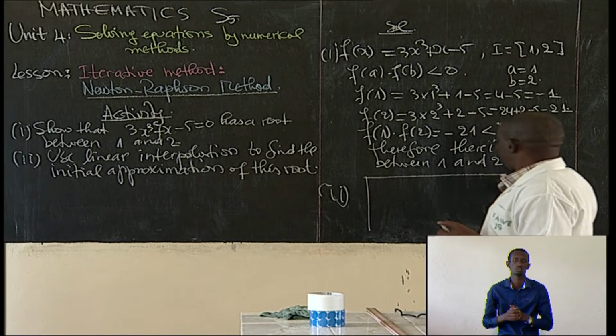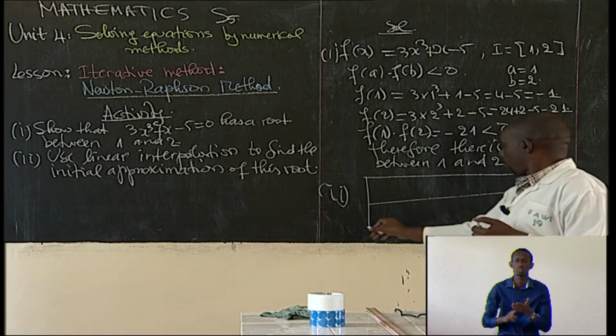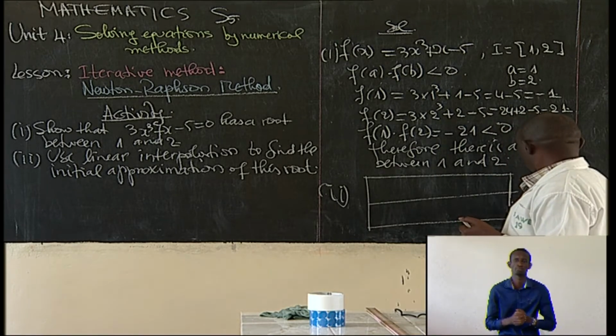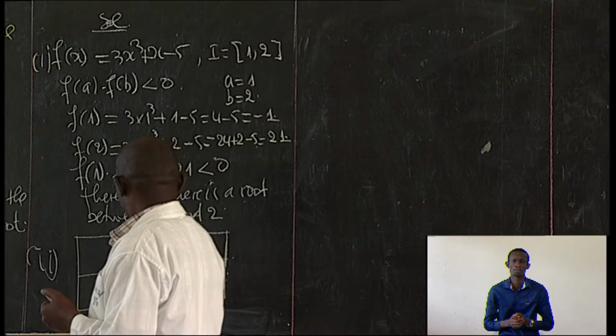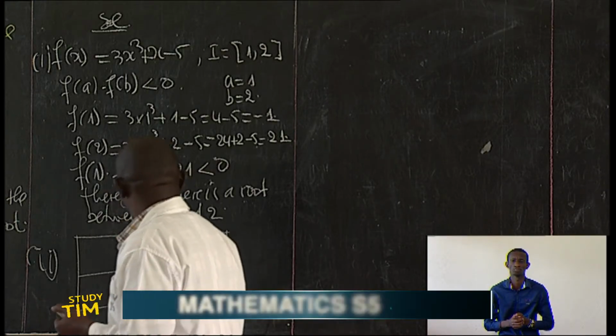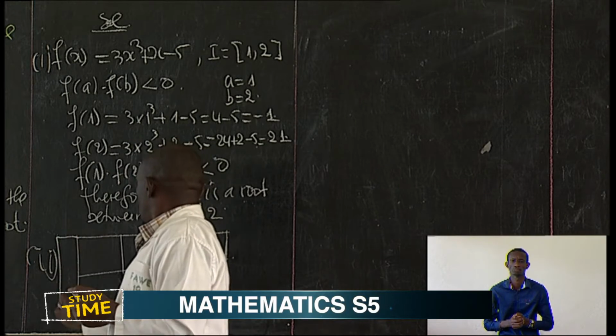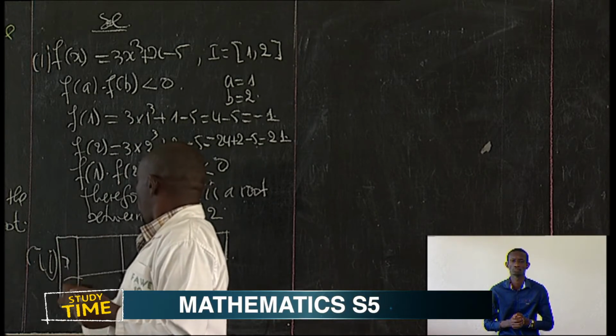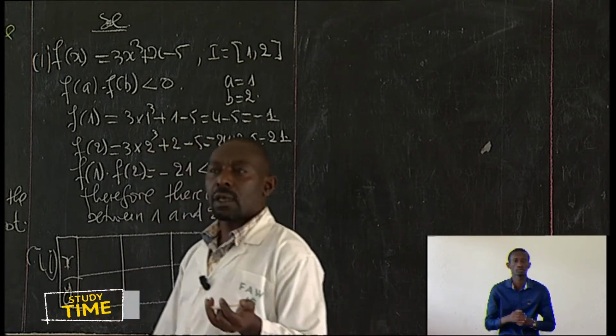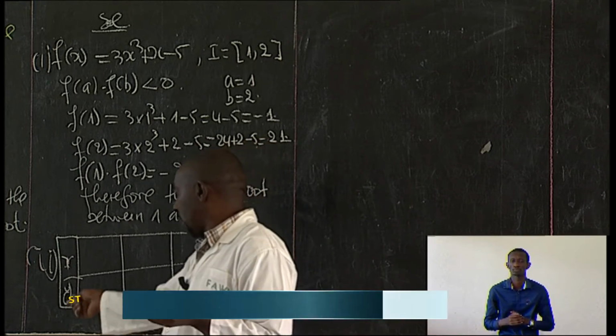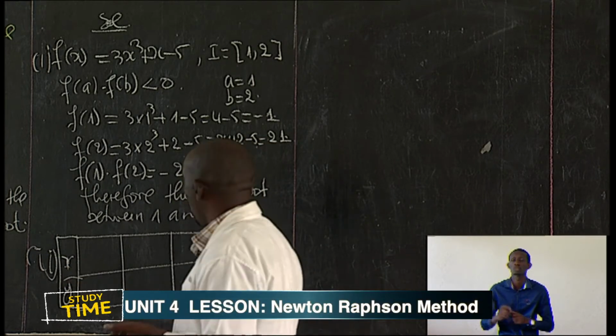Then you can use this table, x and y. Of course, y is the dependent variable, x is the independent variable.